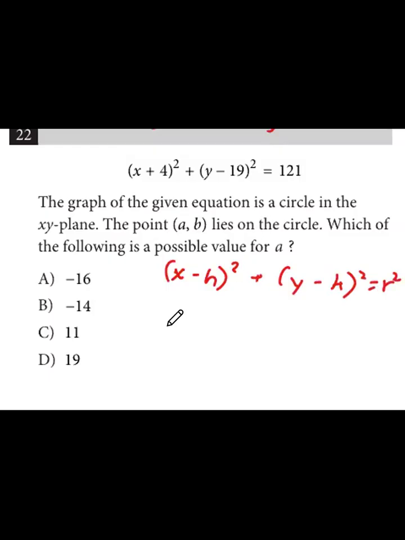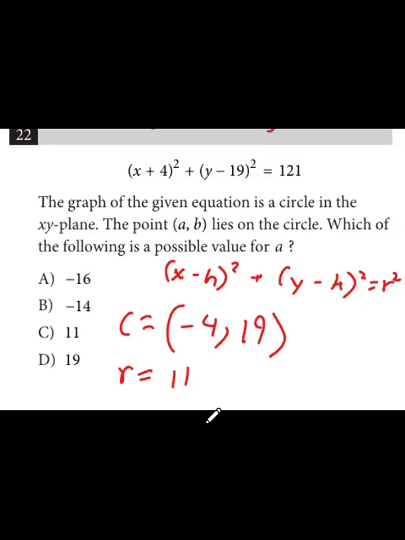So based on this information, we know that the center point is at -4 for x and the y value is positive 19. And we also know that the radius is equal to the square root of 121, which is 11.